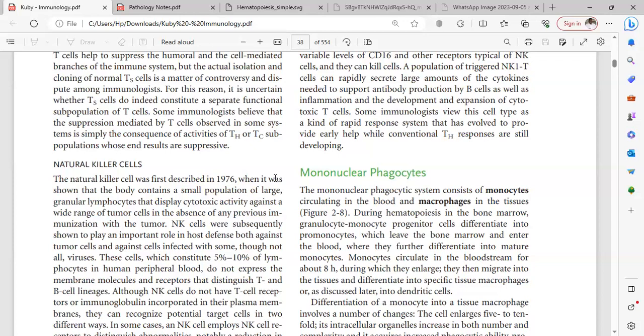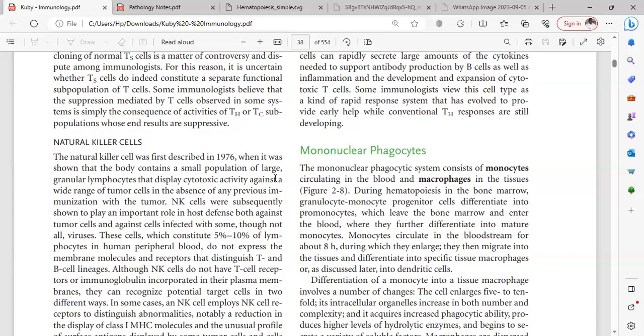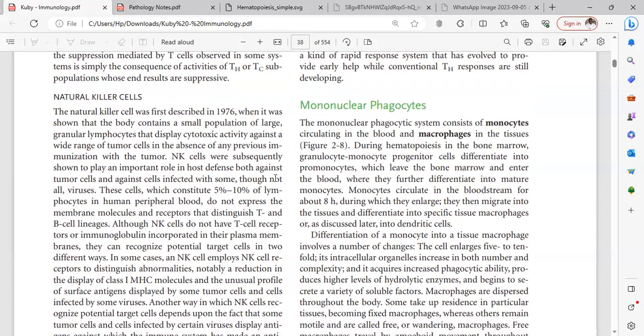They usually attach to the infected target cells, and then they induce death, usually by apoptotic signals, which we talked about is programmed cell death. And then also it forms perforins, which leads to leakage of the contents of that pathogen.